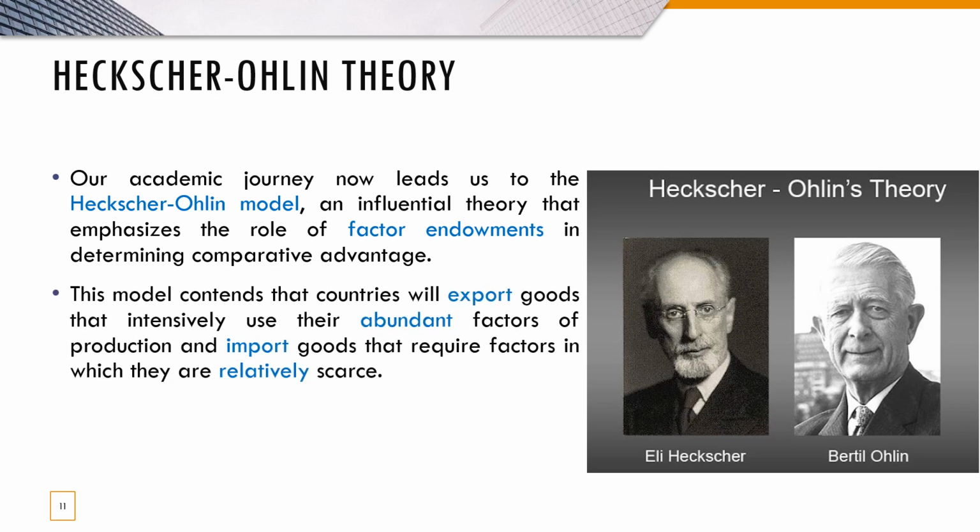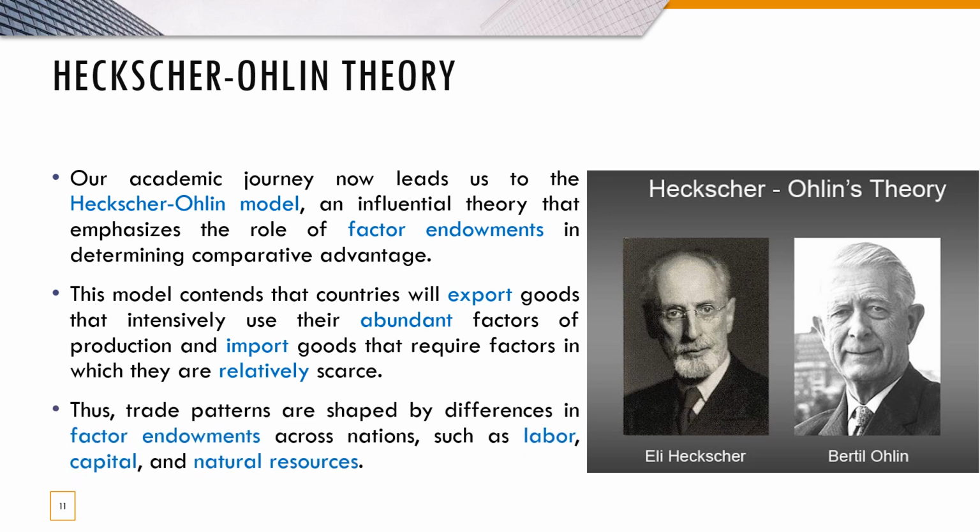This model contends that countries will export goods that intensively use their abundant factors of production and import goods that require factors in which they are relatively scarce. Thus, trade patterns are shaped by differences in factor endowments across nations, such as labor, capital, and natural resources.